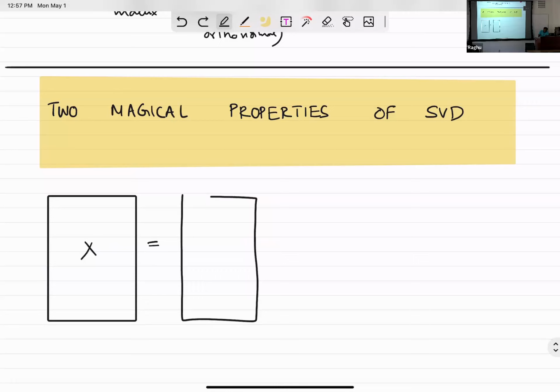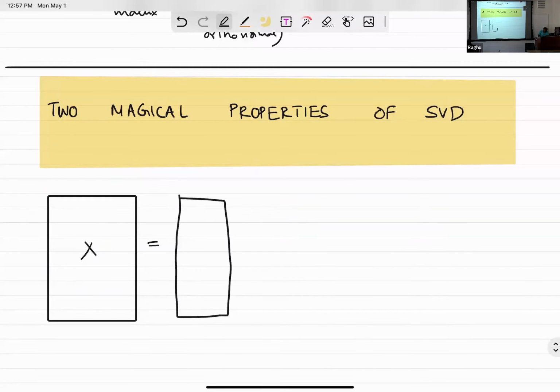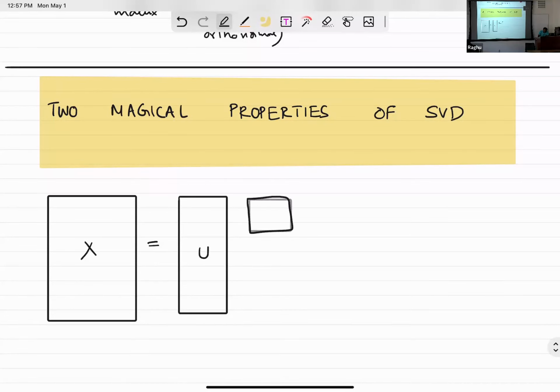Recall what the SVD says. I can write X as U times sigma times V transpose. So let us write it so that you order the entries of sigma.